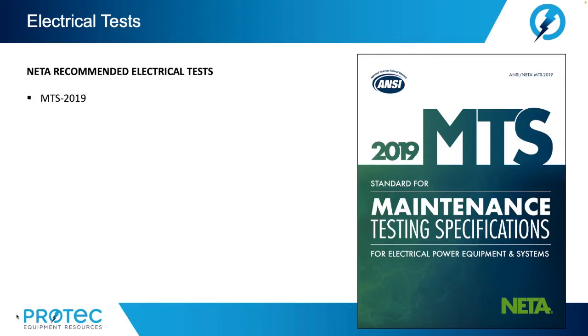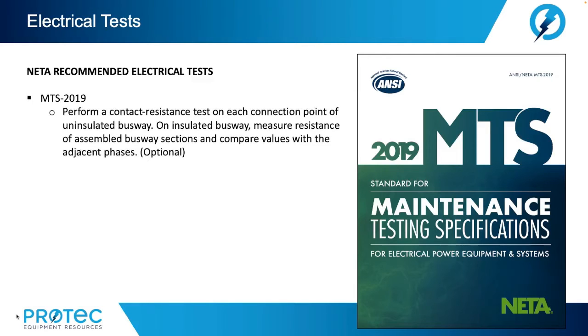Continuing on in the MTS recommendations, perform a contact resistance test on each connection point of uninsulated busway. On insulated busway, measure resistance of assembled busway sections and compare values with the adjacent phases. Now, in the maintenance manual, we see this as an optional test.